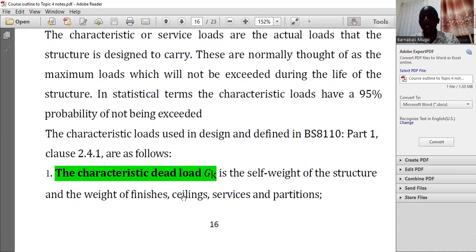The dead load is the self weight of the structure, including the finishes, the ceiling, the partitions, and the like. So the weight of the column, the slab, the footing, the foundation, the finishings, the ceiling and the partitions are the dead load of the structure, abbreviated by Gk. That is the first characteristic load.